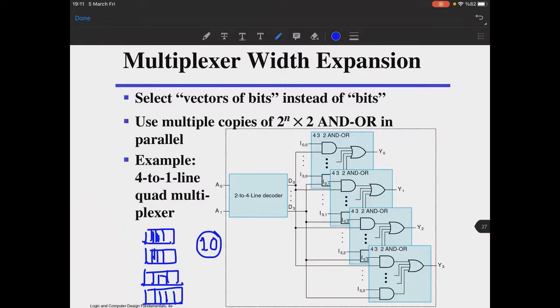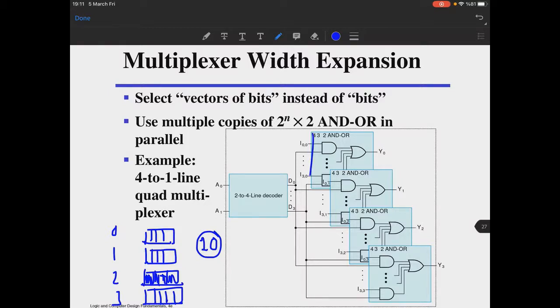For example, if it is 1 0, this is a 0 1 2 3 information, and this one will be selected at all of these levels. That's the idea.